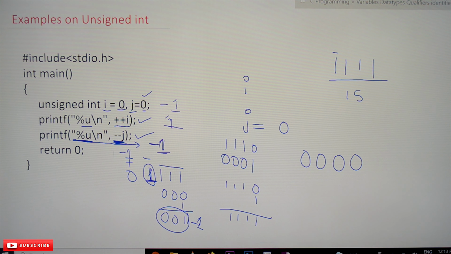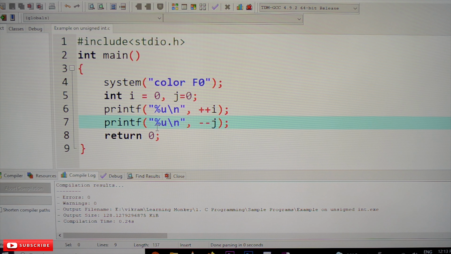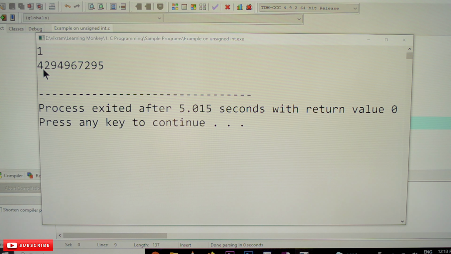Okay, so this is our computer programming example. Compile. See here, it is unsigned representation. Let's execute this and see what it is going to print. See here, because our computer is not a 4-bit computer, it is going to take 64 bits, and it is going to take 4 bytes for int.